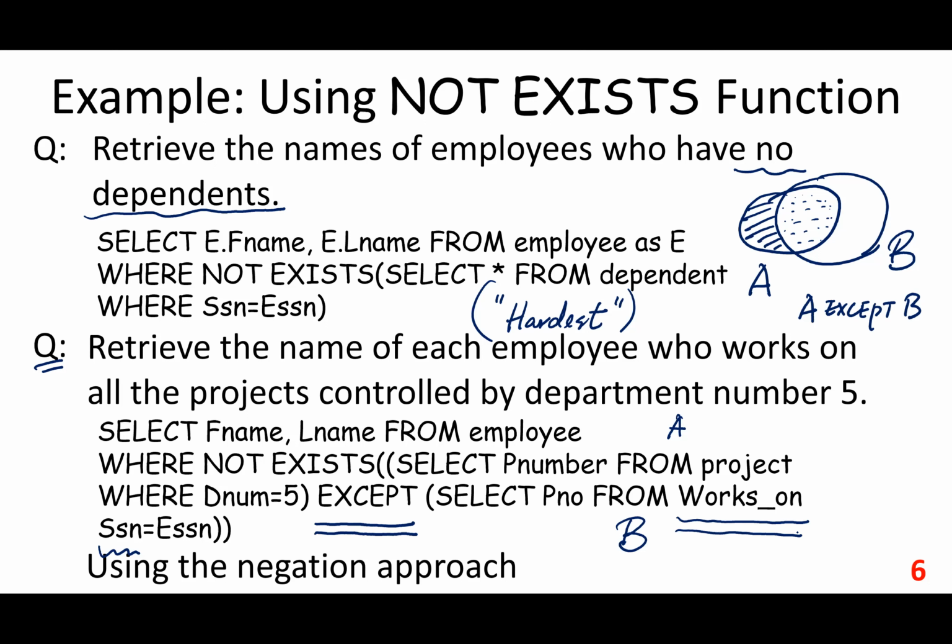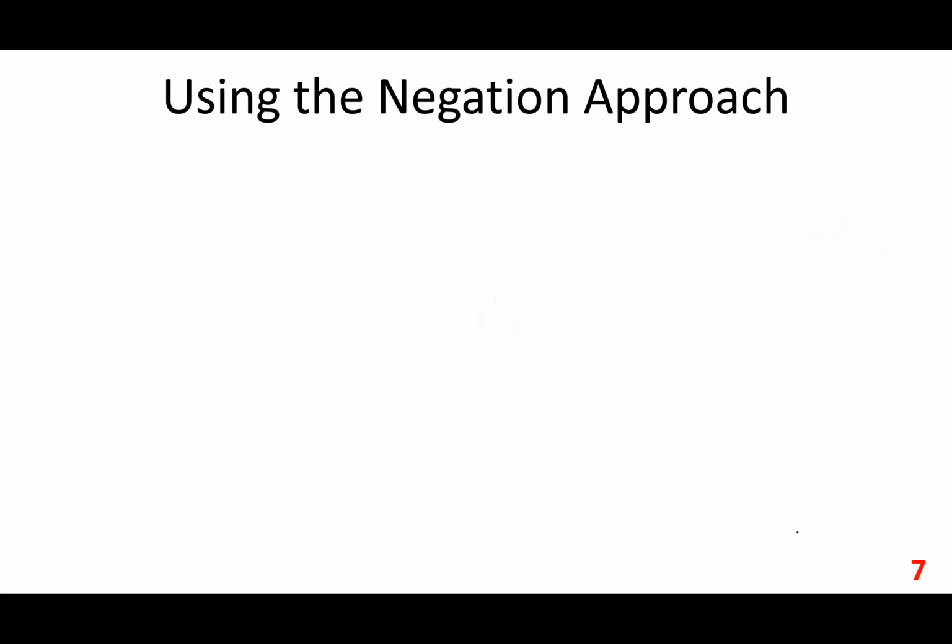We try to make the query result empty. So then we use not exists to check if it is empty. Okay, yeah. So that's the hard part. This kind of thinking is relatively hard.